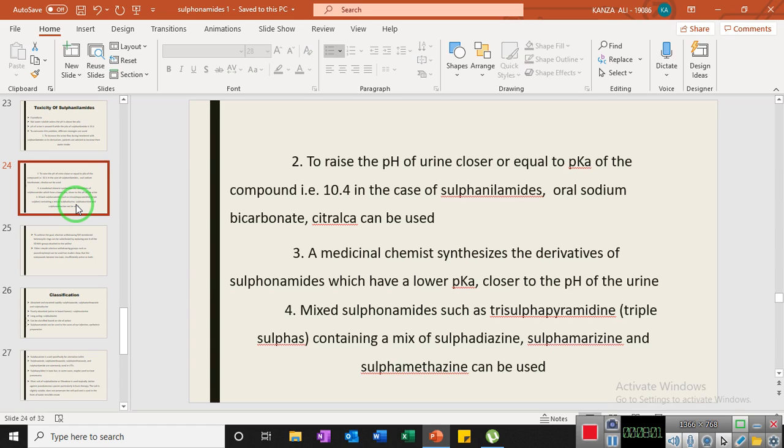We have synthesized a number of compounds in which the pK of the compound is decreased. For example, we have got a number of compounds such as sulfamethoxazole.